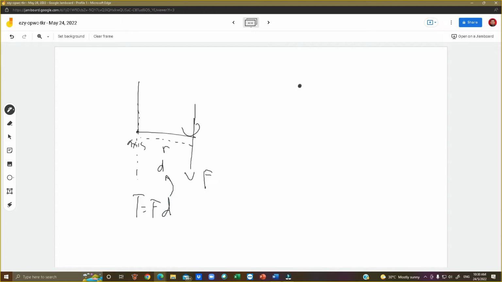Okay, kalau kata kita ada case buku lah, buku. Kita tolak dia. Kita nak tahu berapa radius dia. We need to draw line of force application and then a perpendicular line intersect with the axis.